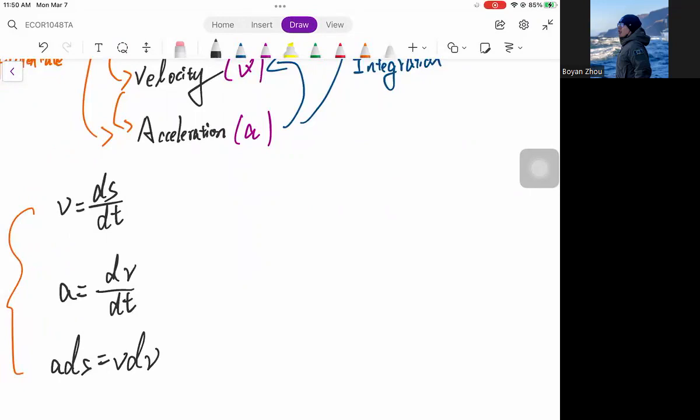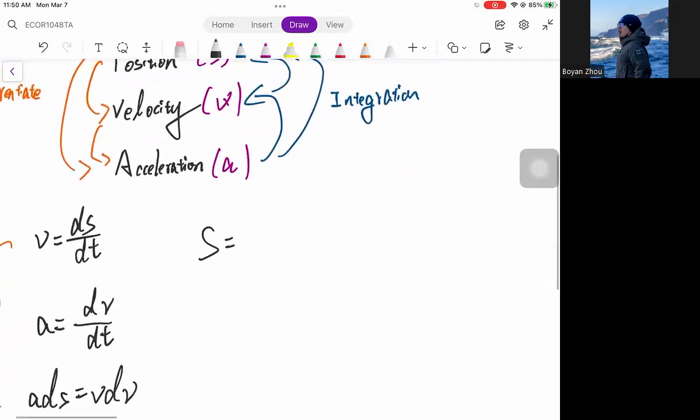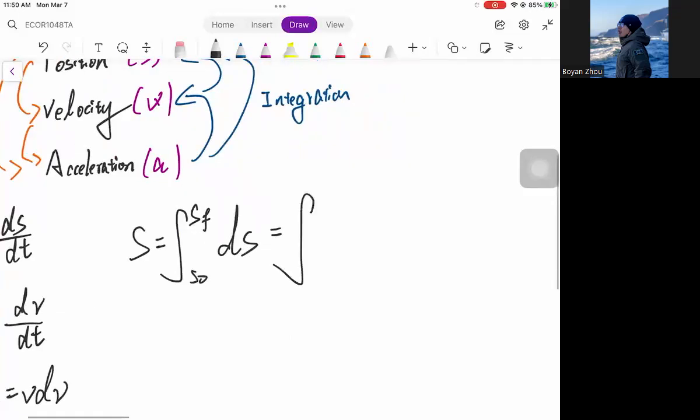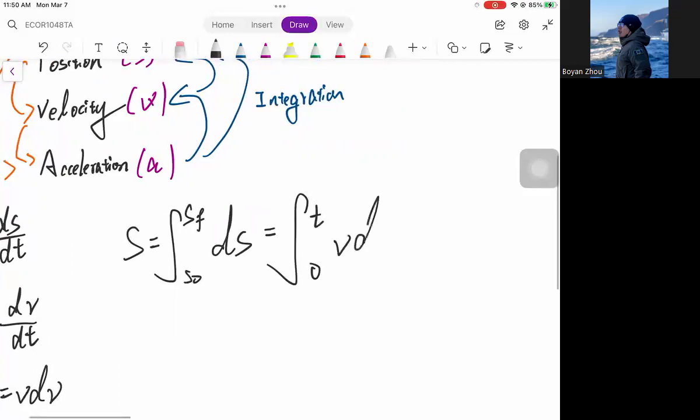For the other way, position is gonna be the integration from one value of s to another, so that is gonna be the integral from 0 to t of v dt.